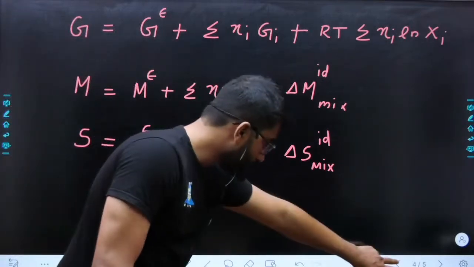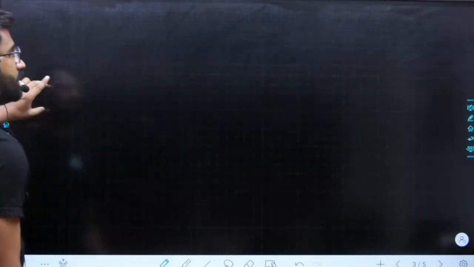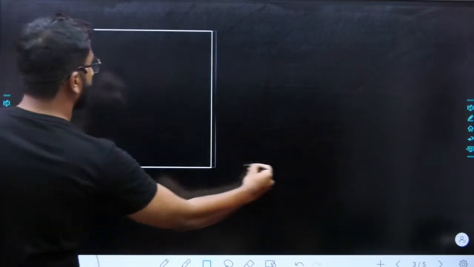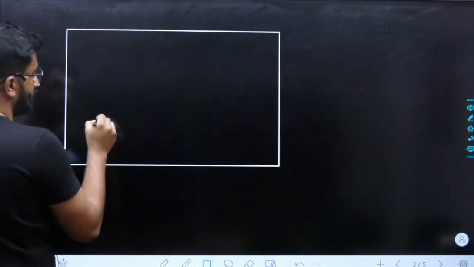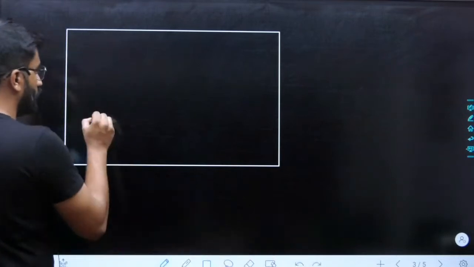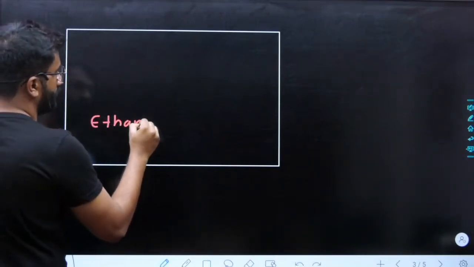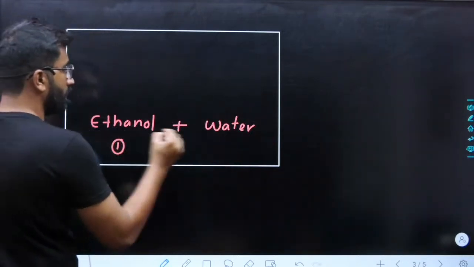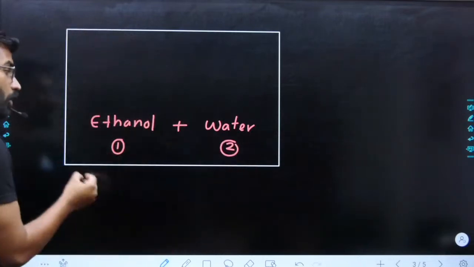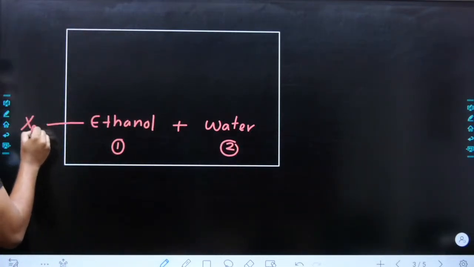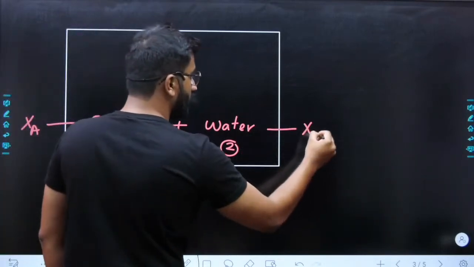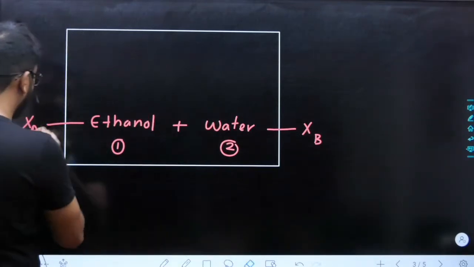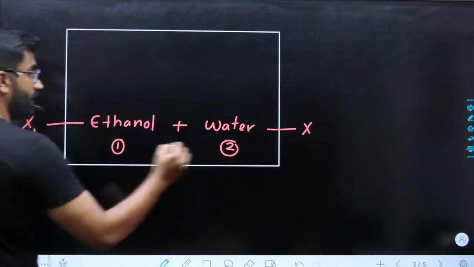But in your basic books, mostly questions are based on this equation, that is, you have to remember this system. For example, you have an alcohol plus water system, ethanol plus water system. Your ethanol is component 1, water is component 2. When you mix ethanol and water, you know the mole fractions in the liquid phase, X1 and X2.